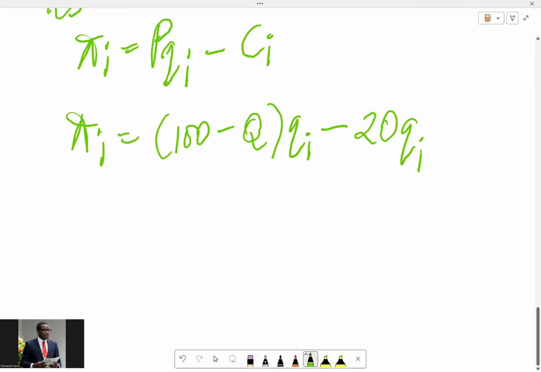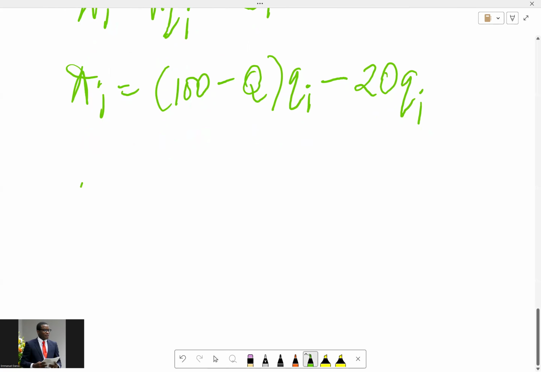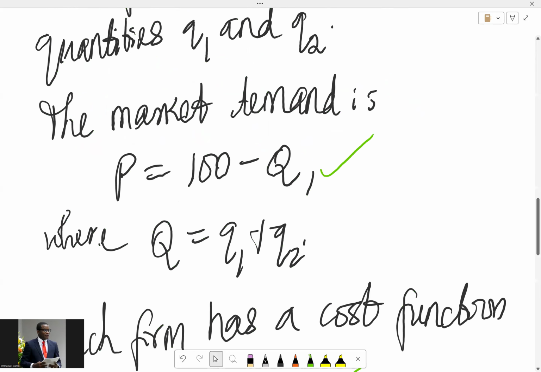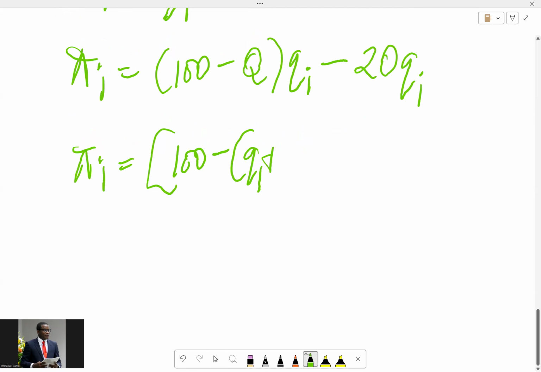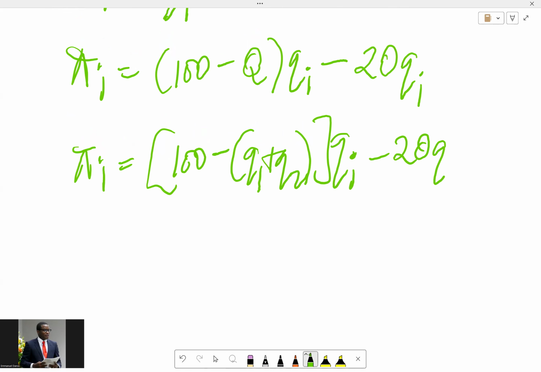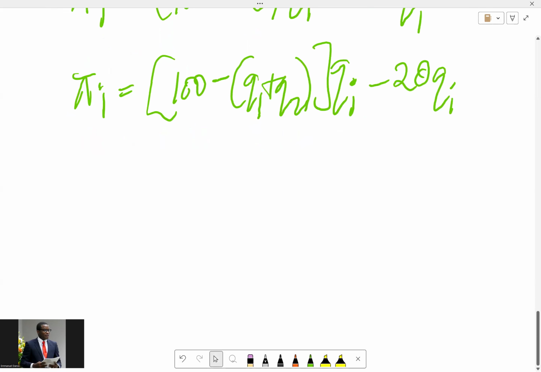All right. But then we know that big Q is Q1 plus Q2, and all of that is multiplied by Qi minus 20 Qi.